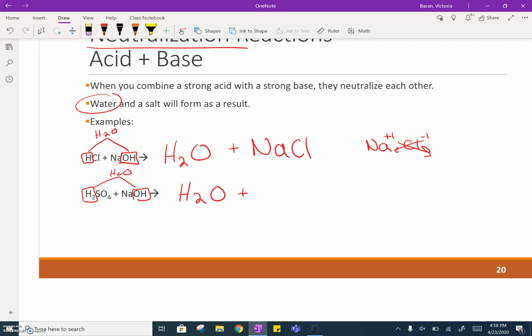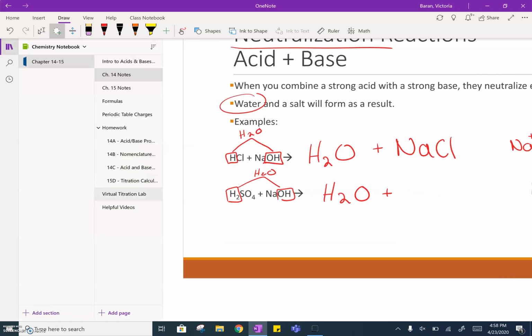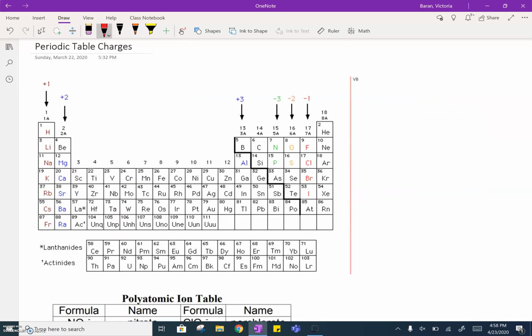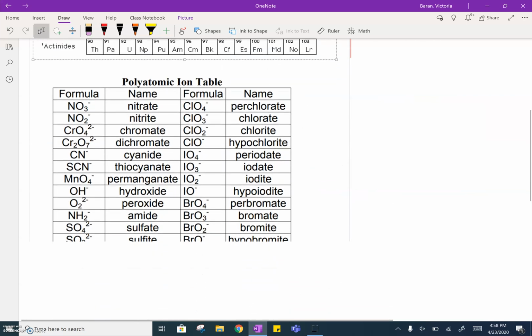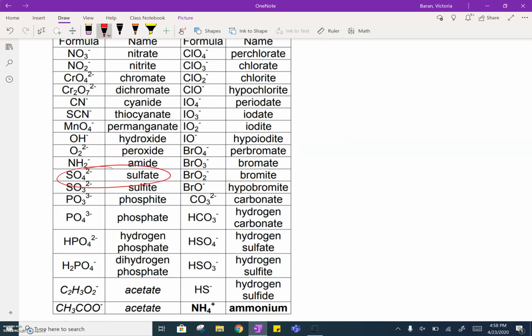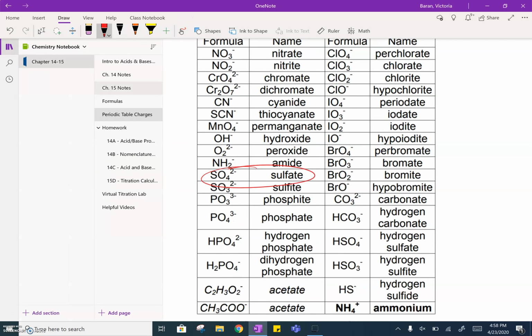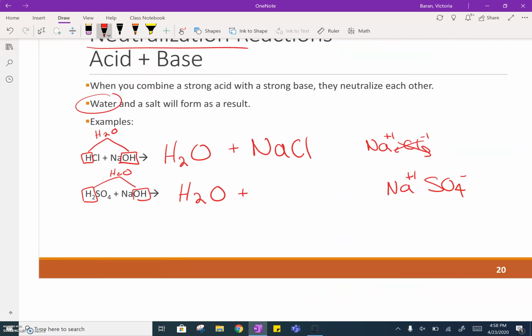So now the things that we have left over in this case, we have that Na and we have SO4. So Na, we already said that has a charge of +1, and the SO4, let's go back to our chart right here. So if we find SO4, that has a charge of -2. So -2, we do our crisscross, so we get Na2SO4.